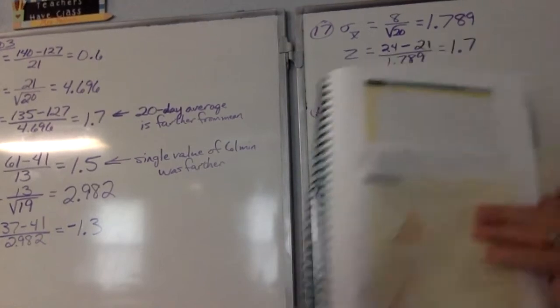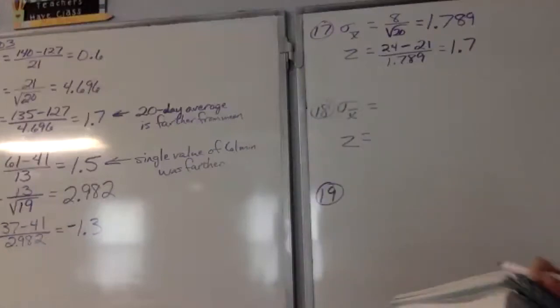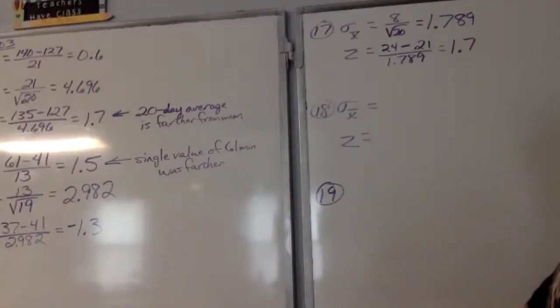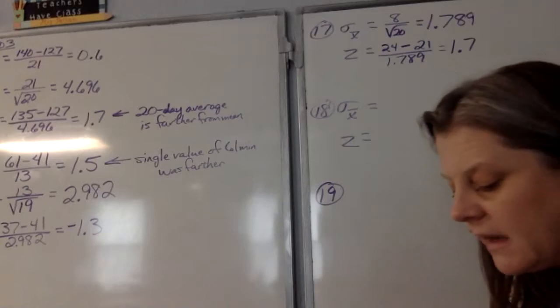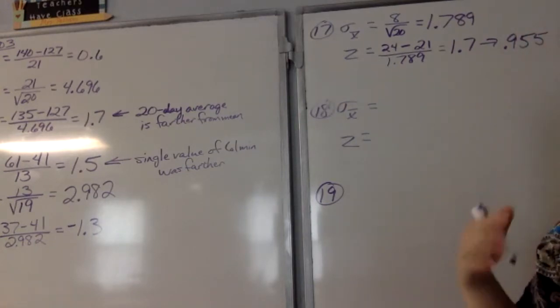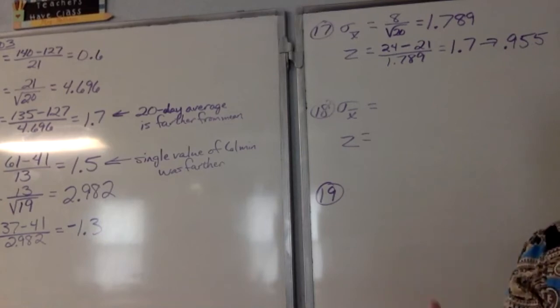567. 567, okay? So on the table, page 567, you look at 1 on the left and 0.7 across the top and get 0.955. And when it's talking about these with the central limit theorem, it usually says as a percent.